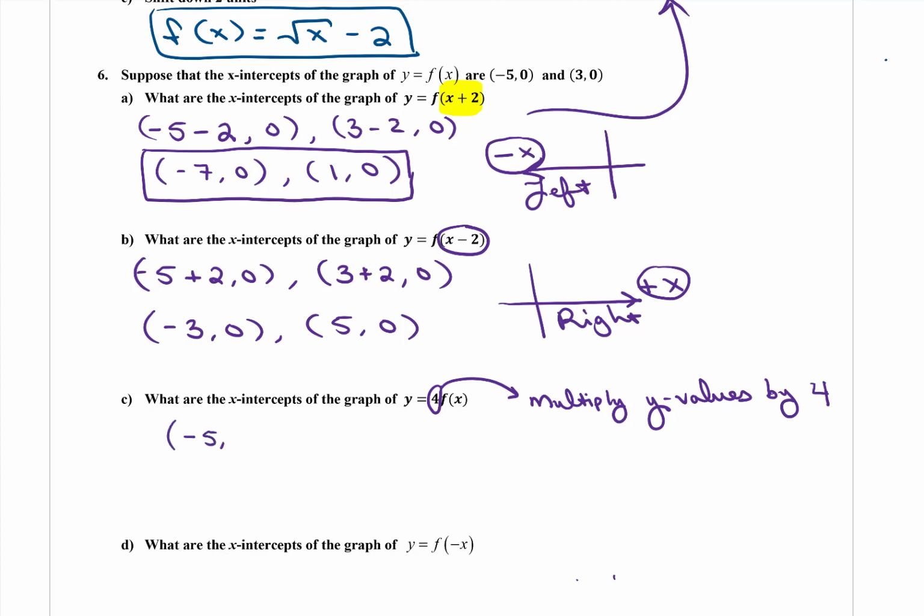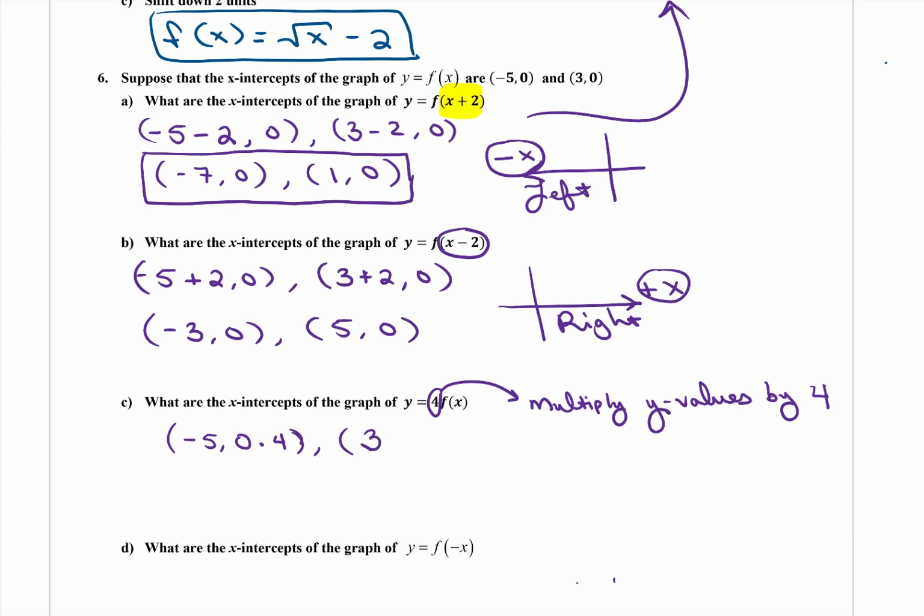So when you multiply 0 times anything, it's going to remain a 0. So 0 times 4, that's just going to be a 0. And then for the other x-intercept, for that 3, 0, we're going to have 0 times 4, which is going to remain 0. So our x-intercepts will be negative 5, 0, and 3, 0. Yes, those are our x-intercepts.